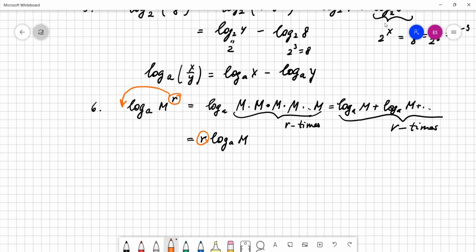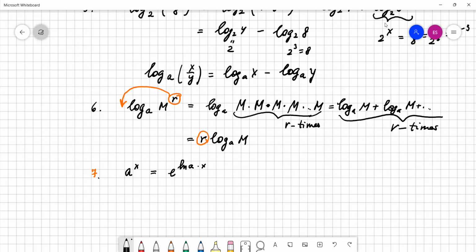Okay. Next rule, rule number 7. Well, it's not actually a super rule, but you know that we can always represent a to the power of x as e to the power of ln of a multiplied by x.